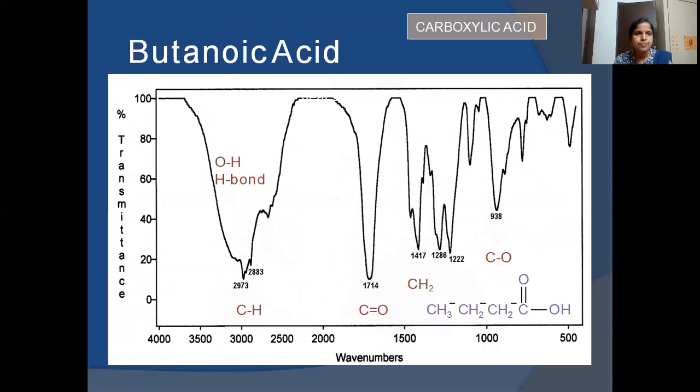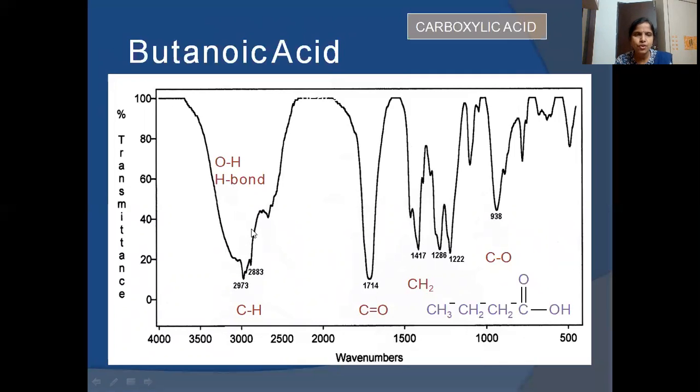Then another example where we can find an OH bond is butanoic acid, which is a carboxylic acid. You can see the OH bond appearing at around 3200, and it is very broad. When you compare with the last one, this is very broad.